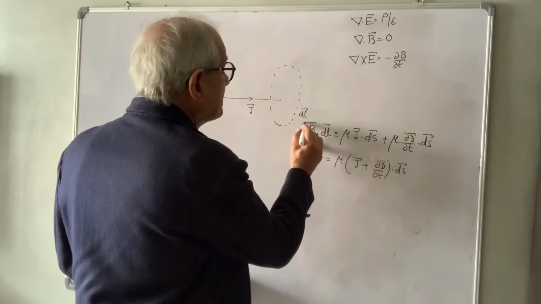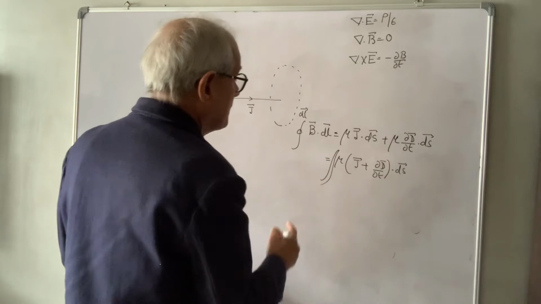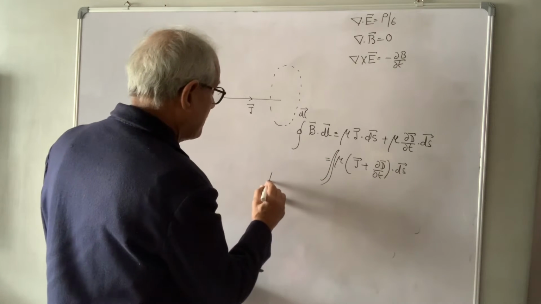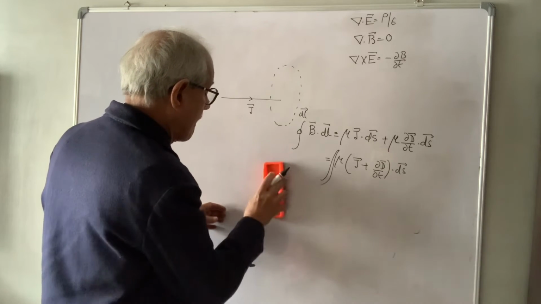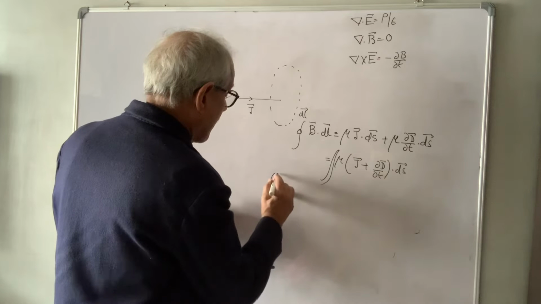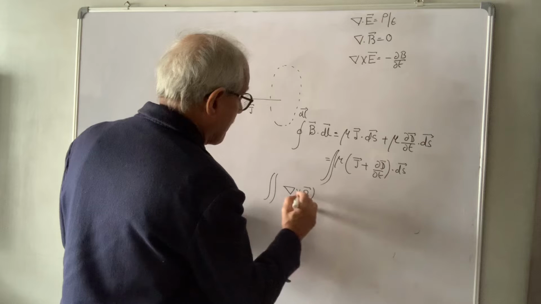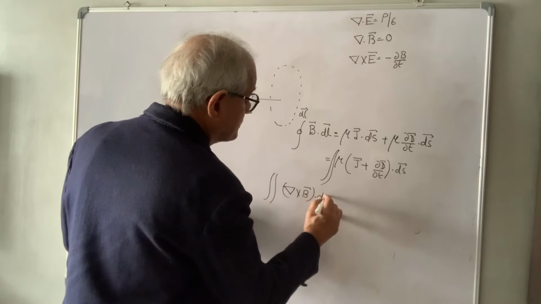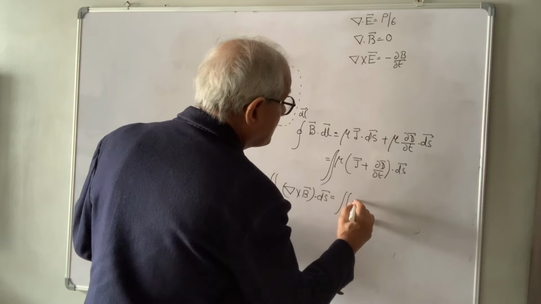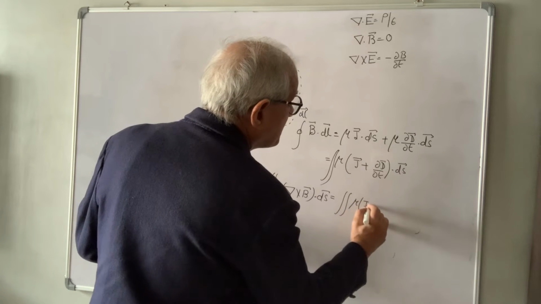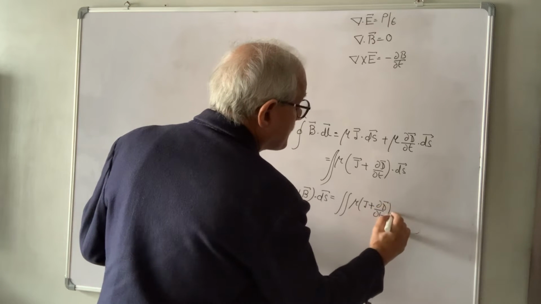Again we take the line integral, and this will be surface integral, and by Stokes theorem curl of B dot ds is equal to surface integral mu J plus del T of D dot ds.